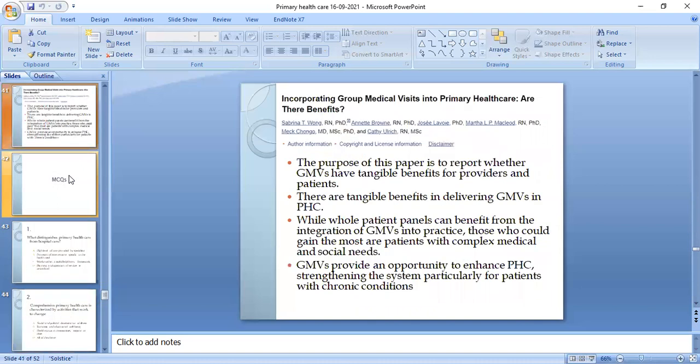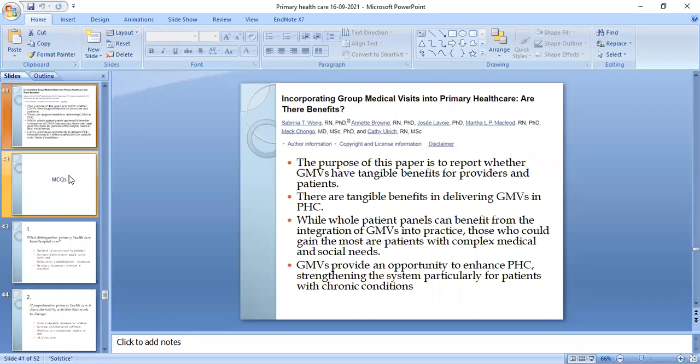Second article is incorporating group medical visits into primary health care. Are there benefits? The main points of this study is the purpose of this paper is to report whether group medical visits have tangible benefits for providers and patients.